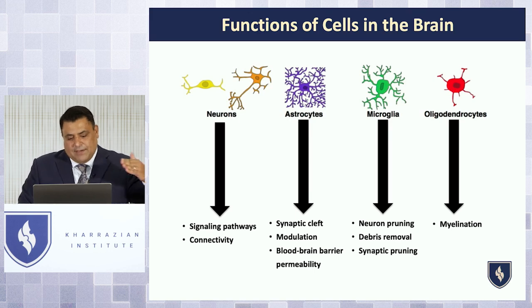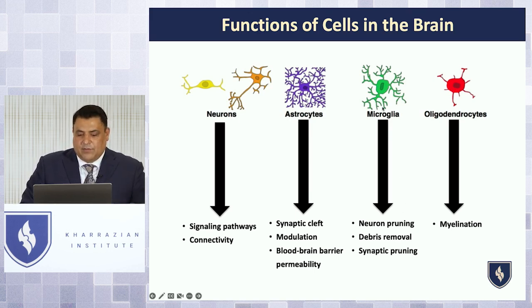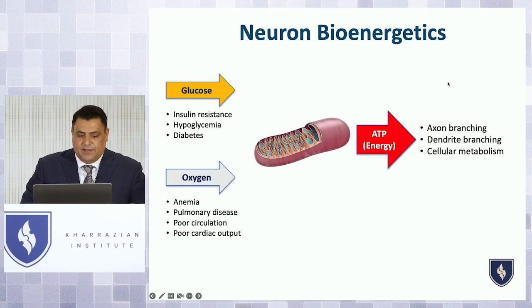They clean up synaptic branches that are inefficient to make signaling pathways more efficient, and oligodendrocytes are basically involved with the myelin sheath. These all require ATP. So if these specific cells in the region of the limbic system are not healthy, then you can have some significant mood disorders.